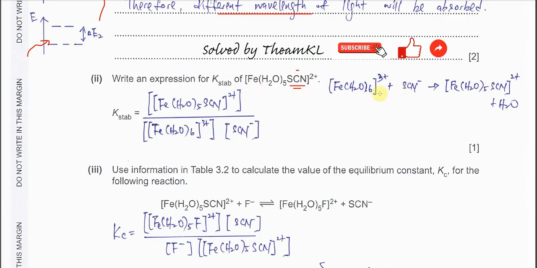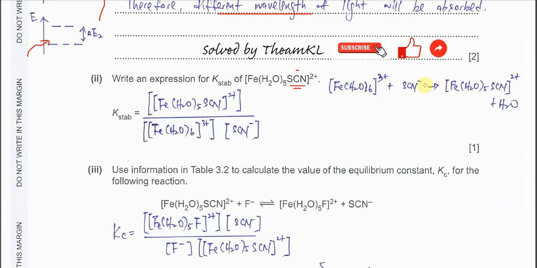So it starts from this hexa-aqua iron(III) ion with the thiocyanate, and they will form the new complex, substituting one water ligand in the hexa-aqua iron(III) ion. So this one is the equation.